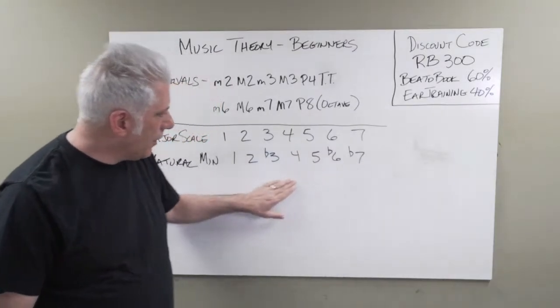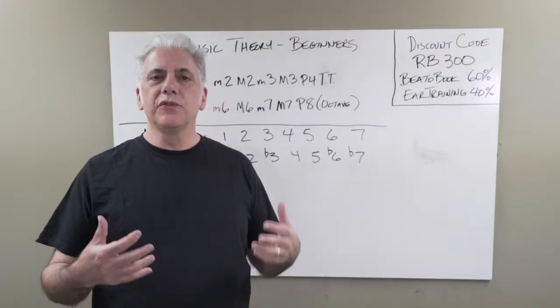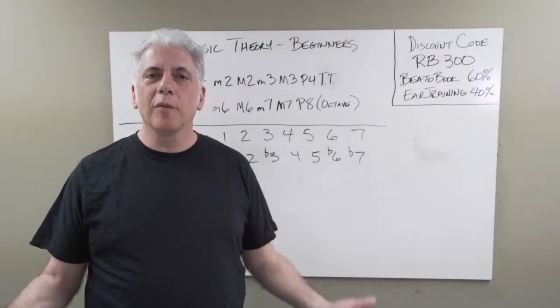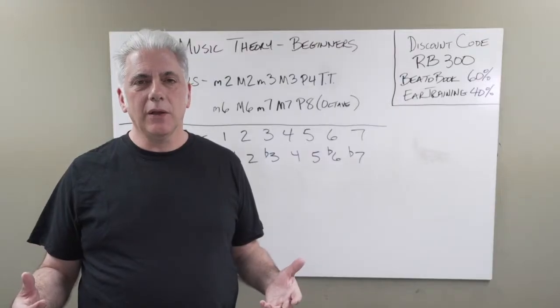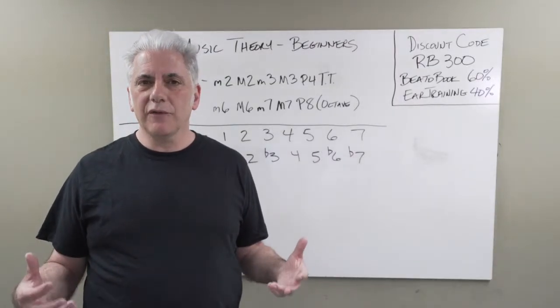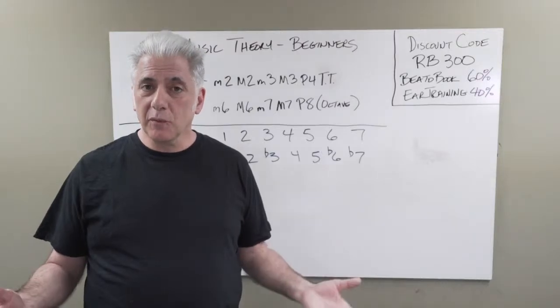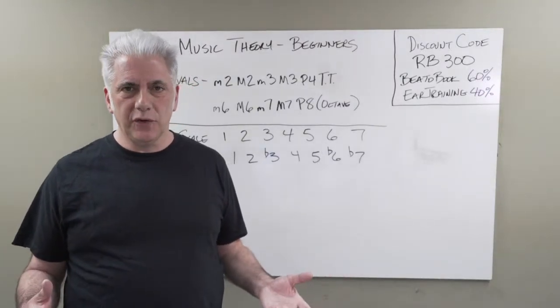Okay? Now, all modes, you heard that term modes, all modes have a formula. There are 7 modes that we deal with in the major scale that comprise most of the notes that you would ever have if you're a songwriter. Okay, you rarely go outside the major scale. Occasionally you do.